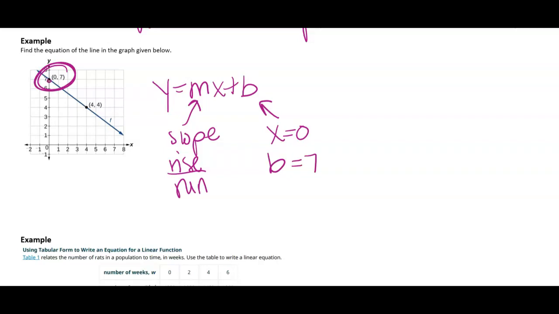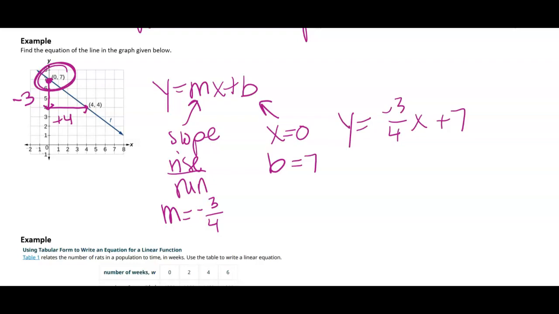And then I can use rise over run. Starting from the leftmost point, I actually rise negative, so -3, run 4. So m must be equal to -3 over 4. And so the equation of this line in slope-intercept form must be y equals -3/4 x plus 7, where y is our outputs.